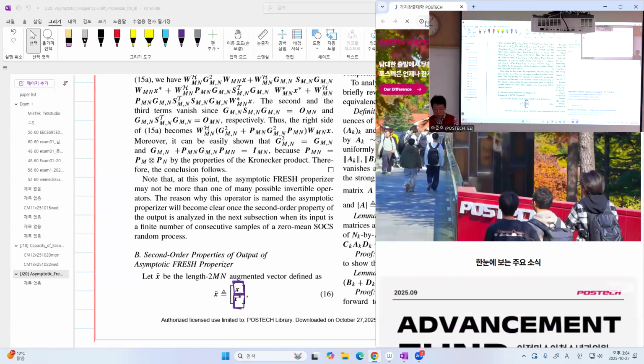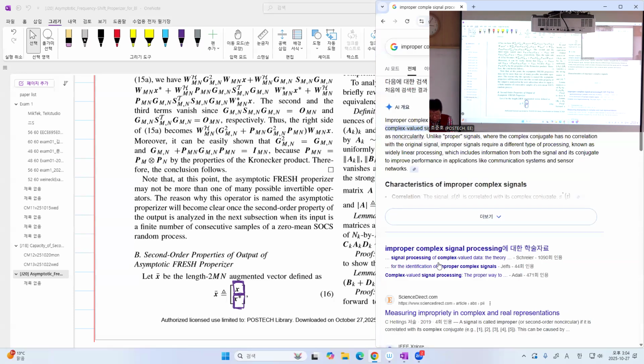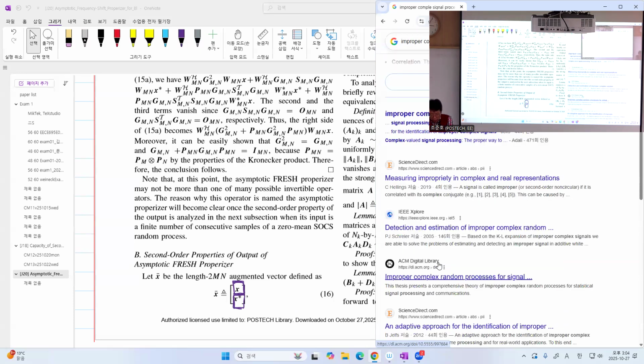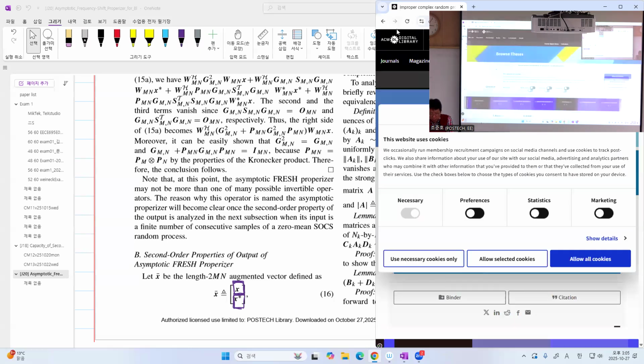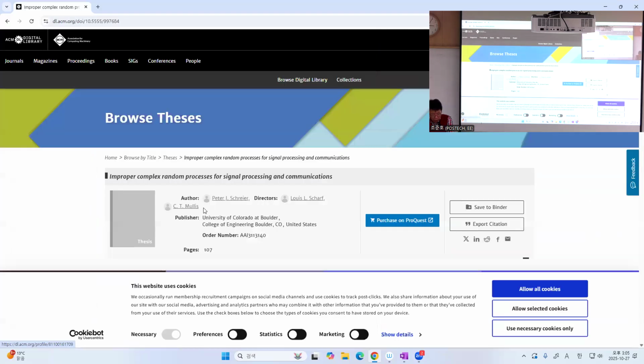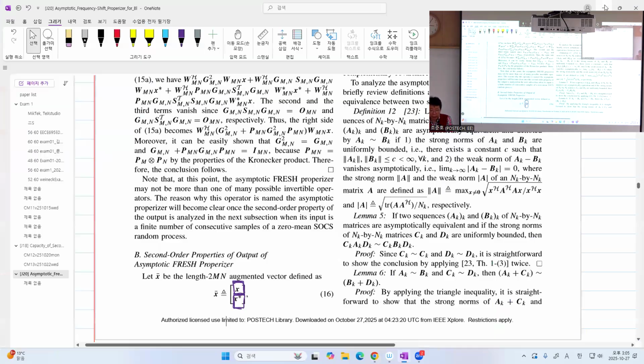So if you search improper complex signal processing, I believe this is it. You see Schreier and Scharf's book, Statistical Signal Processing of Complex-Valued Data. In that case, they start from an improper complex random vector.